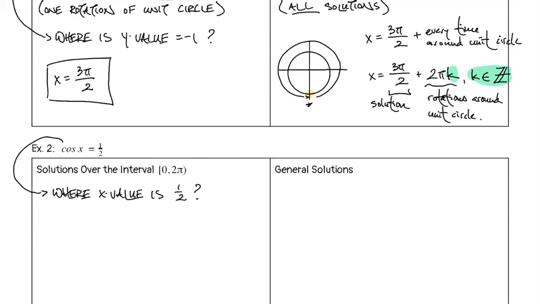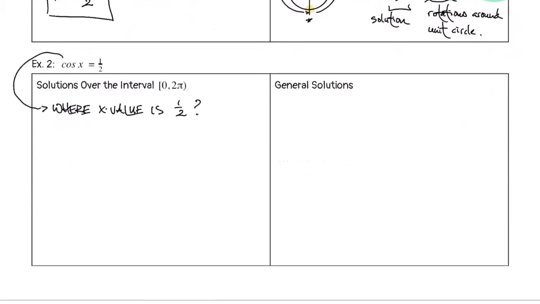Let's look at our unit circle and see if we can find where x equals 1/2. All right, so I agree we've got a pi over 3. So we could say that this at pi over 3 definitely has an x value of 1/2.